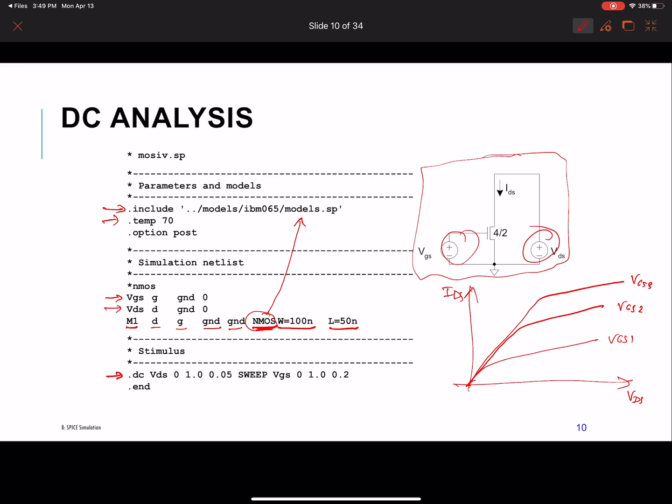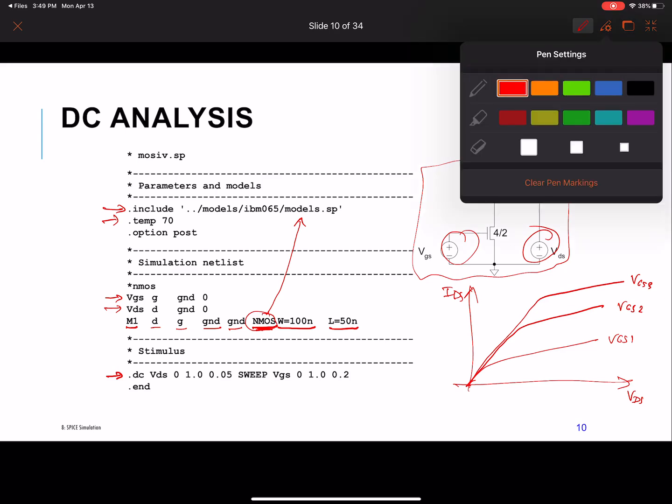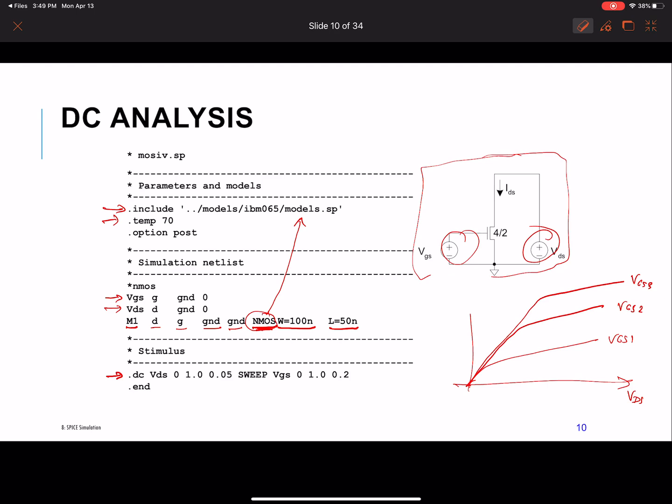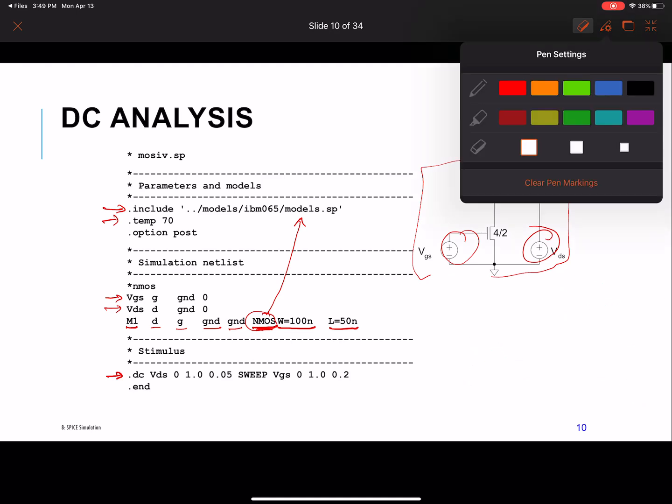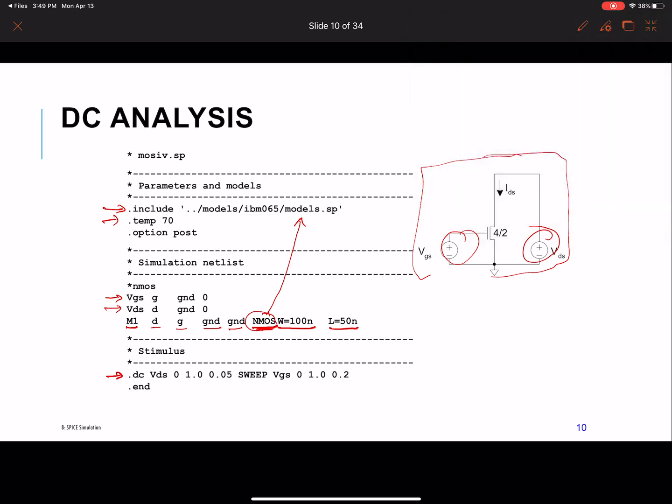No, I think this is actually, it's for different VDSs. I think it's sweeping the VGSs. So it's probably doing something like stepping through VDSs.